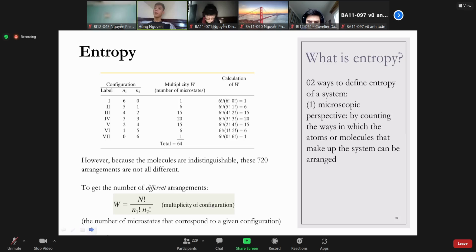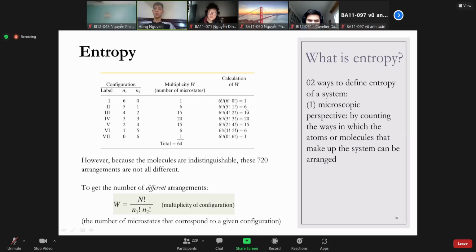So if we apply this formula, what do we have? The factorial of 6 divided by factorial of 6 times the factorial of 0. This is for the configuration 1. We have 1 here. Similarly, if we apply this for the configuration 2, we will have 6 microstates.